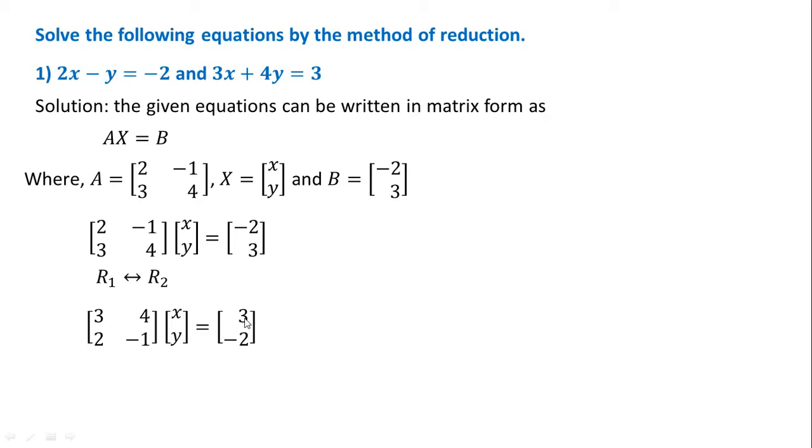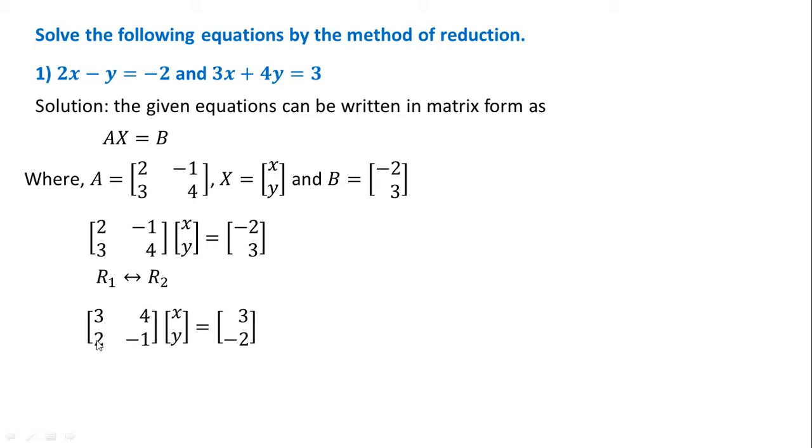The same we have to apply on the right hand side, so here we get 3 and then minus 2. Why do we do this? We require 0 in this position so that it becomes an upper triangular matrix. But before that, it is convenient to have 1 here.